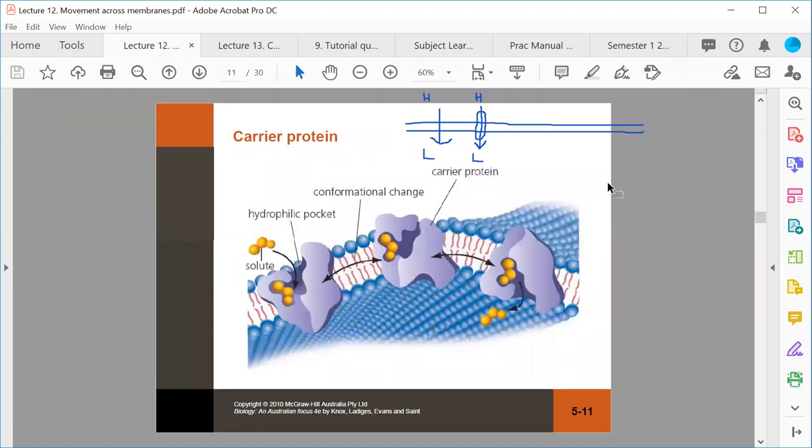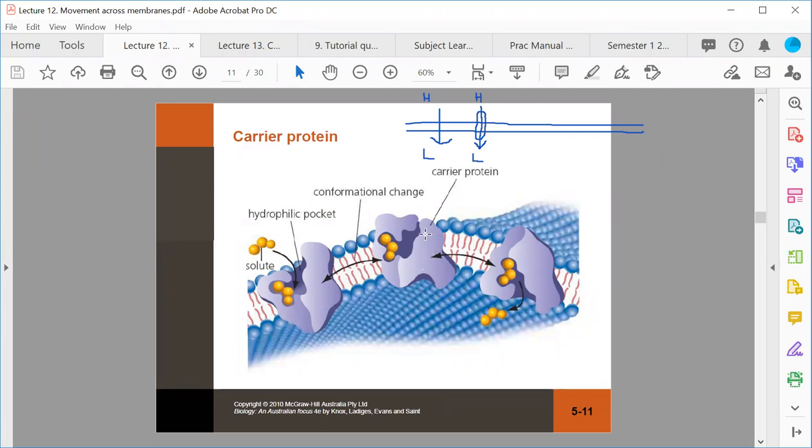All right, and here we have the other major type of transport protein. These are the carrier proteins. So here's an example of a carrier protein. You can see that in this open state, it binds the solute within this hydrophilic pocket. Once the solute binds, that induces the conformational change, and you can see the change in shape here.